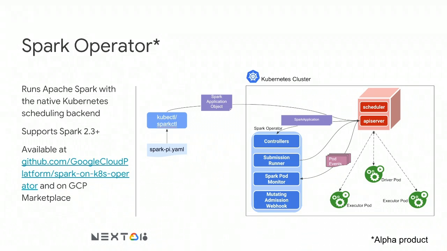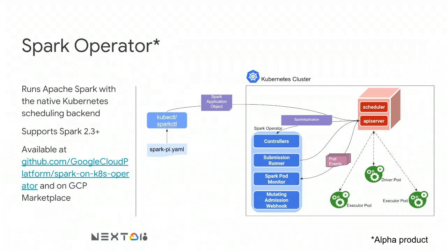And once the application gets submitted, it will monitor the pods for the application for you, and aggregate status into the status section of your custom resource object. So you can get the status of your application in one place instead of going through all the pods individually.